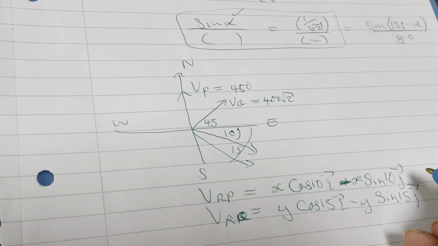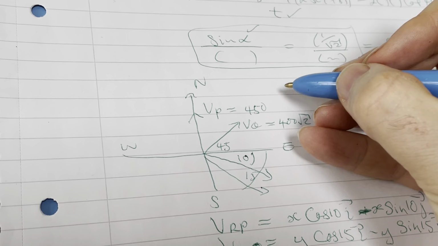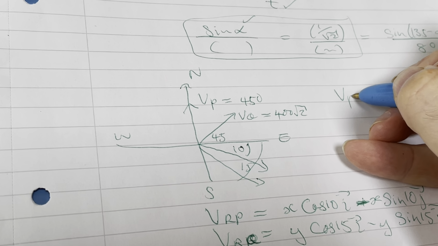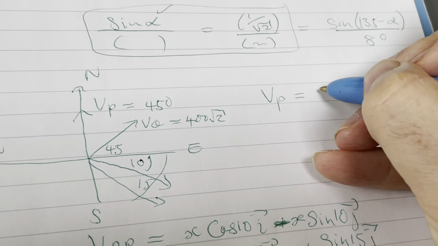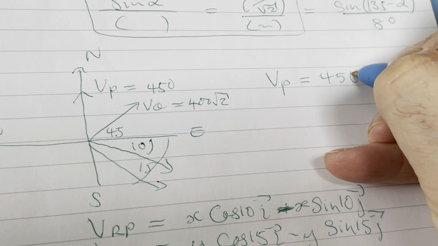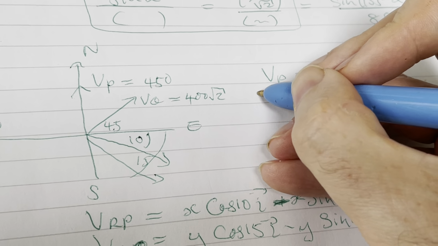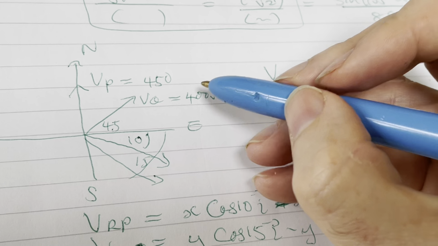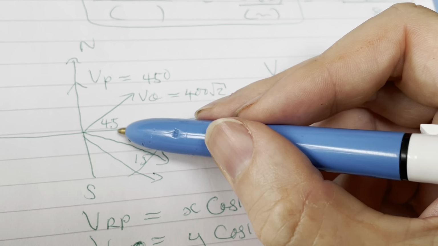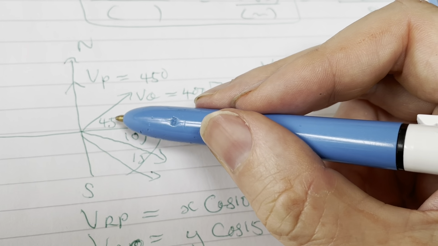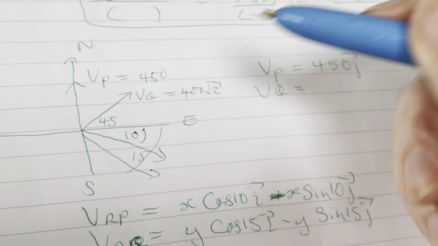All right. Then separately, let's get the vectors for VP. That'll be simple: 450 J. And VQ will be equal to the magnitude times cos 45, with nice cancellation there because cos 45 is 1 over root 2.